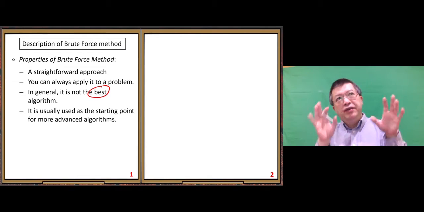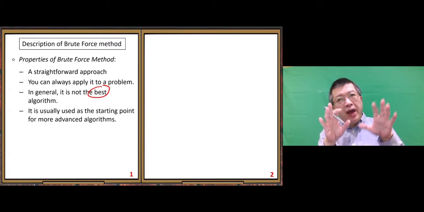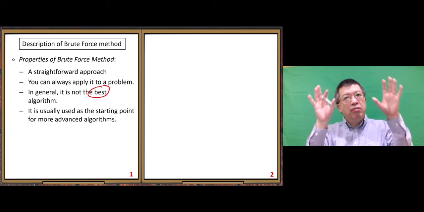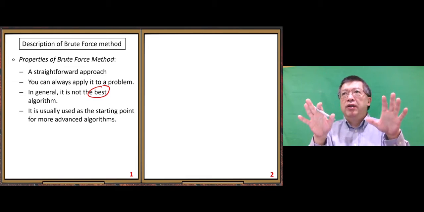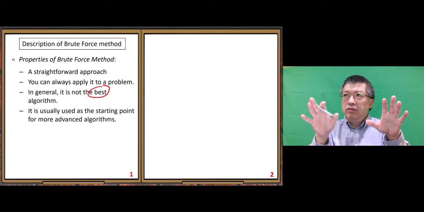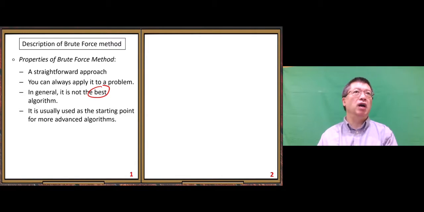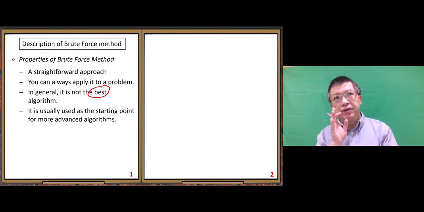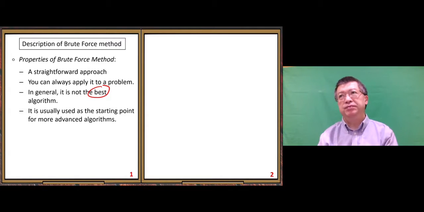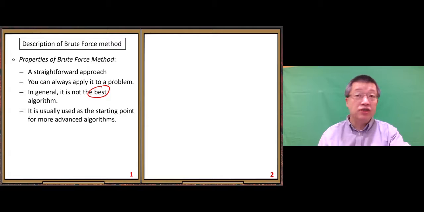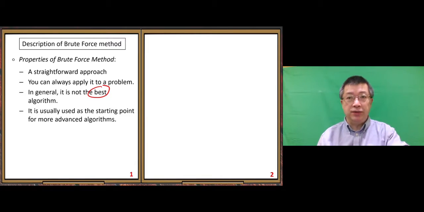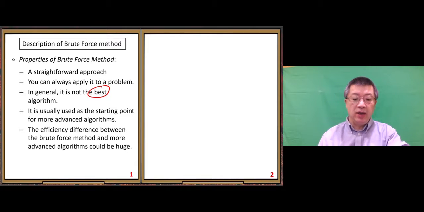After that, when people understand the problem more and more, they try to use a better algorithm to solve it. So we usually use the brute force method as our starting point. Definitely we are not satisfied with this result most of the time.